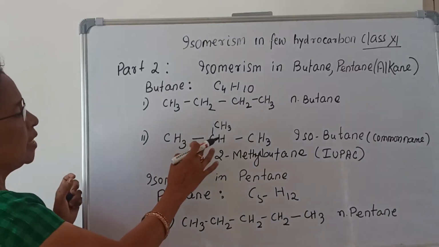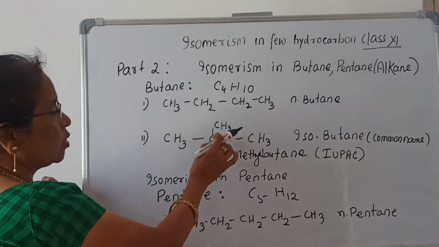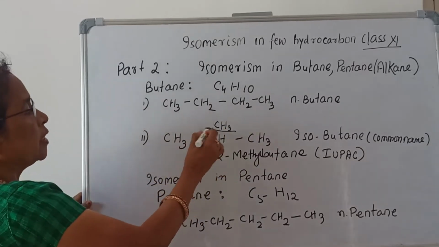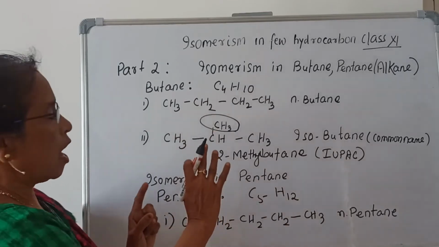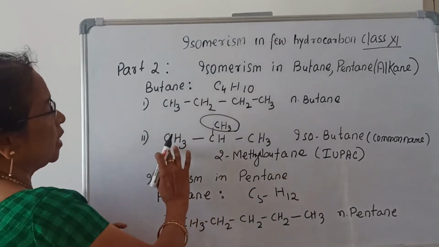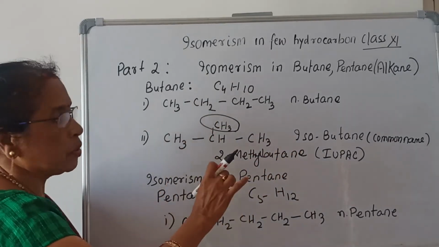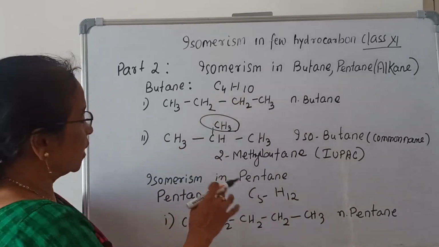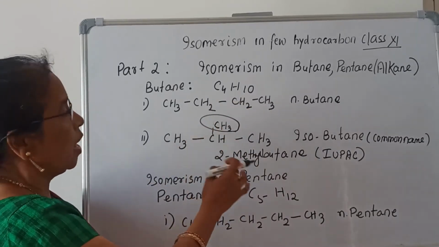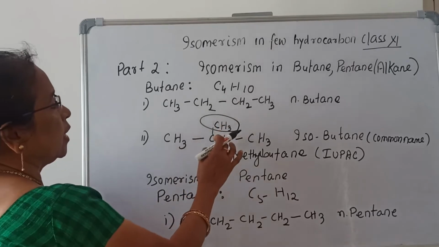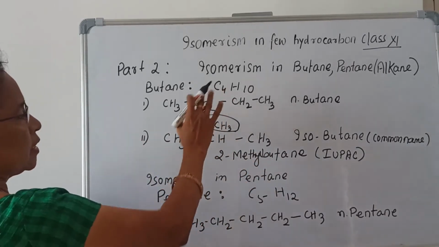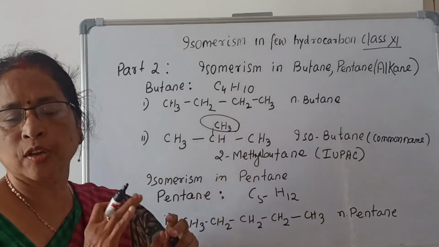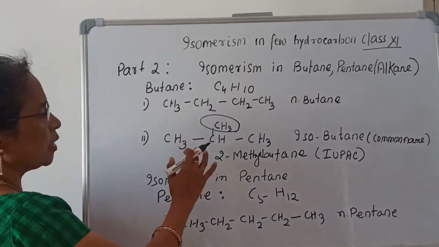Now this CH3 group is one type of branch or substituent. Here the carbon count is 1, 2, 3, 4 and hydrogen 3, 3, 6, 7, 10. That means it is satisfied and the molecular formula is correct.